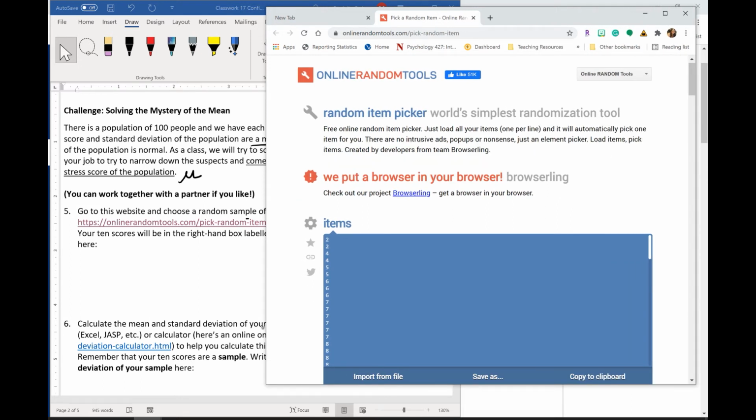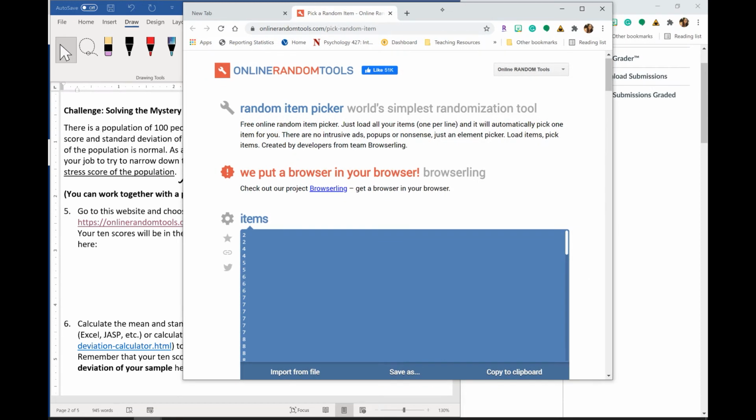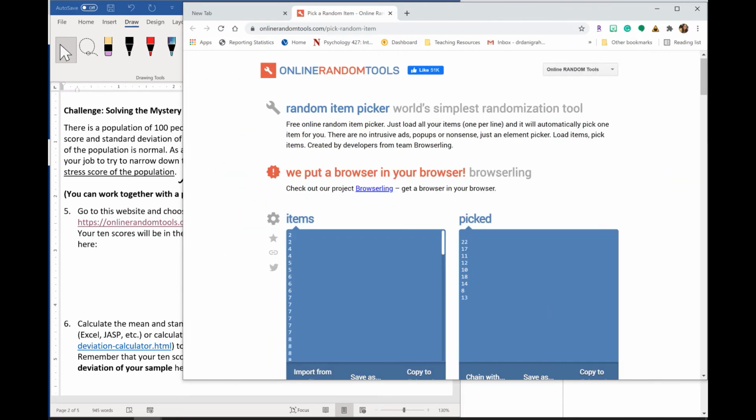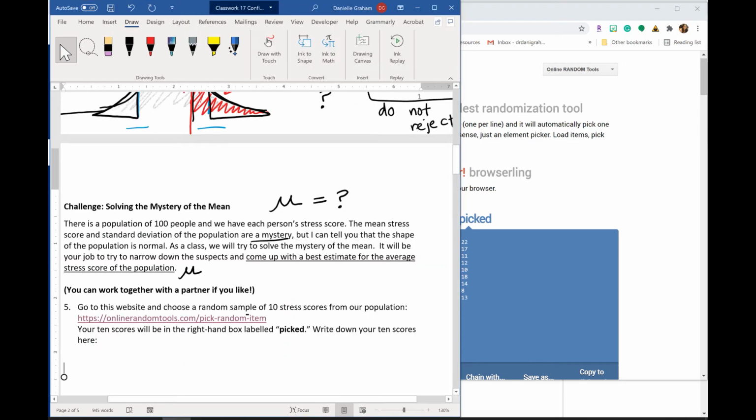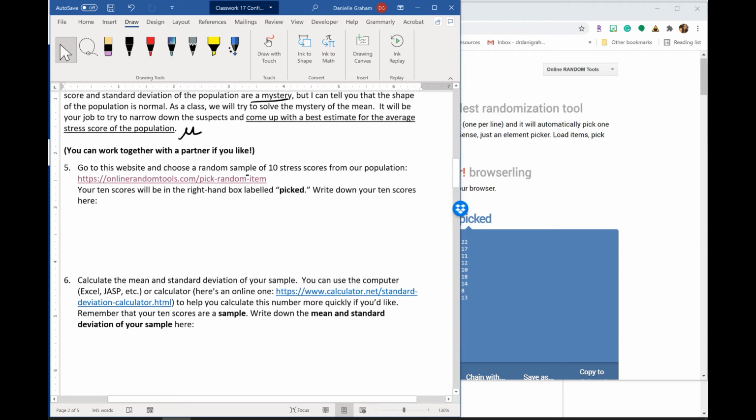I don't want the one on the left. There we go. Okay, so I can see those picked numbers and be able to write on my classwork at the same time. So your 10 scores will be in the right-hand box labeled picked.